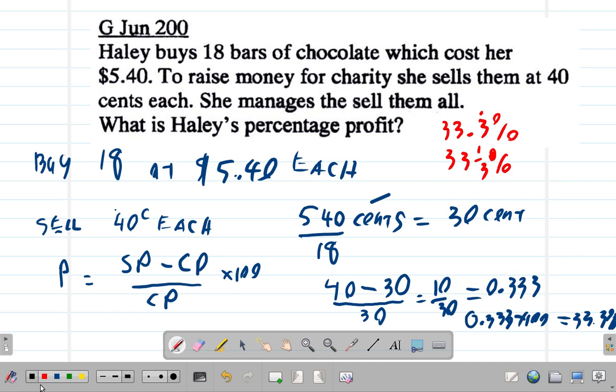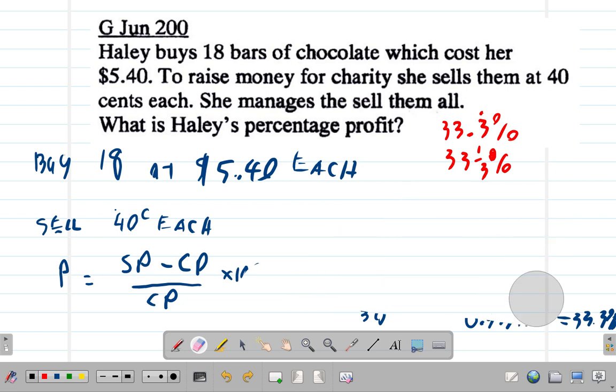Now, here, another way that you could do the calculation is to say the cost price, the cost to the business person, is $5.40.